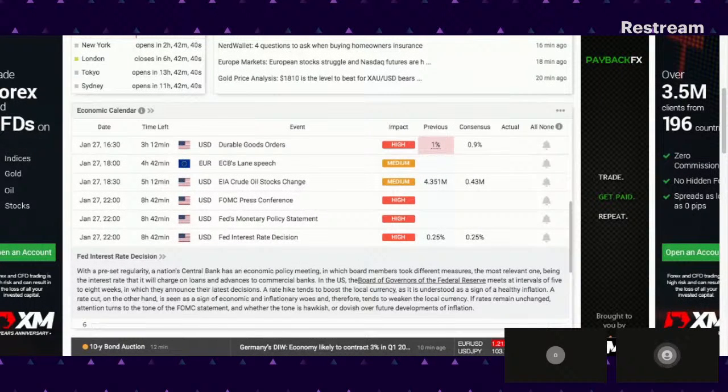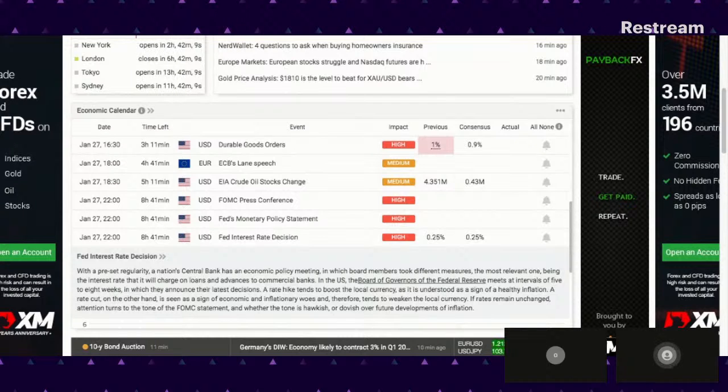If rates remain unchanged, attention turns to the tone of the committee statement and whether the tone is hawkish or dovish over developments of inflation. Hawkish means positive. It means bullish. Dovish means weak. It means bearish.